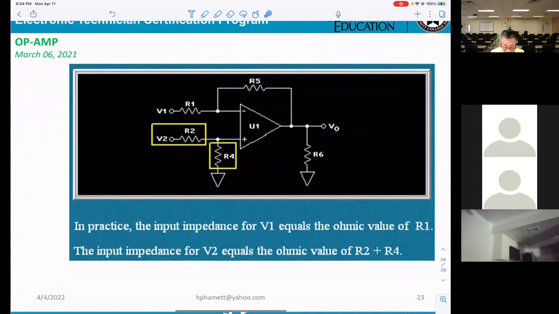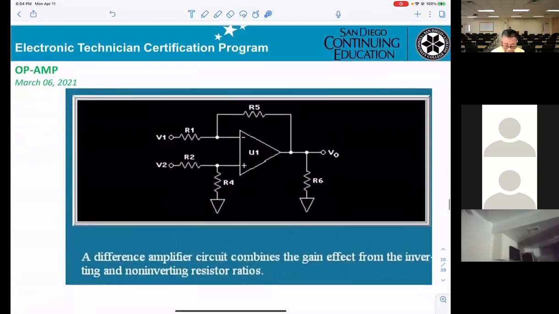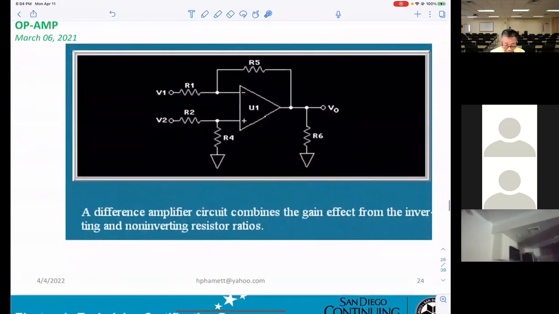The input impedance for V2 equals the ohmic value R2 plus R4. You understand this is a voltage divider, okay? The differential amplifier circuit combines the gain effect from the inverting and non-inverting resistor ratio.